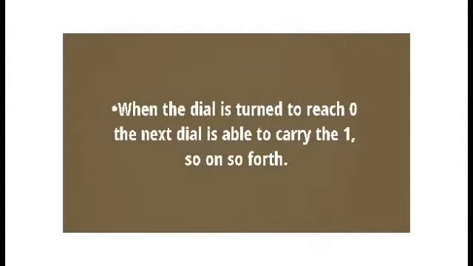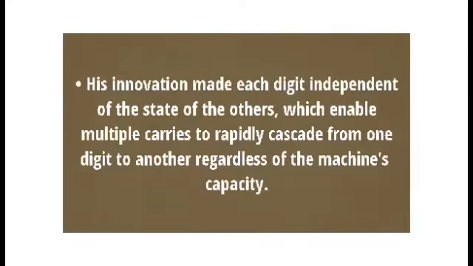When the dial is turned to reach 0, the next dial is able to carry the 1, and so forth. His innovation made each digit independent of the state of the others, which enabled multiple carries to rapidly cascade from one digit to another regardless of the machine's capacity.